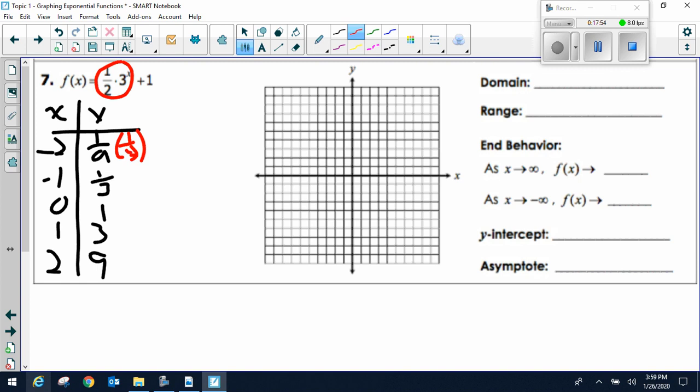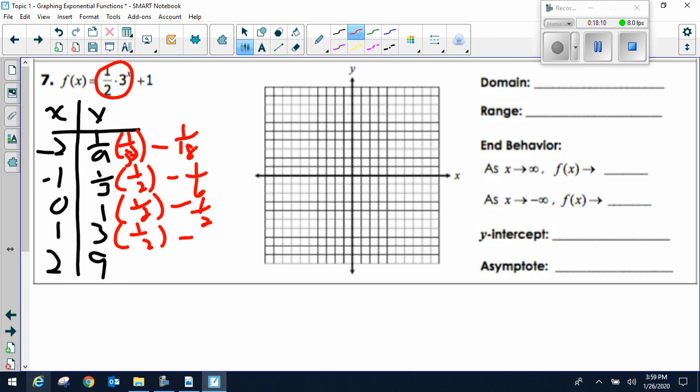I'm going to multiply each one of these by 1/2, which now gives me 1 over 18, 1 over 6, 1/2, 3/2, and 9/2. Then you should add 1 to each one of them.